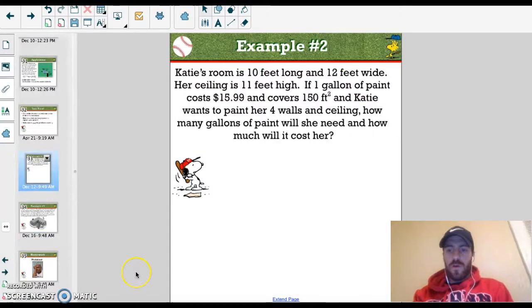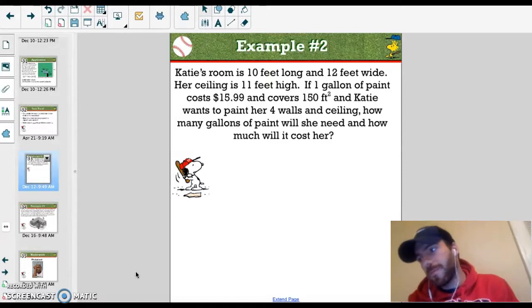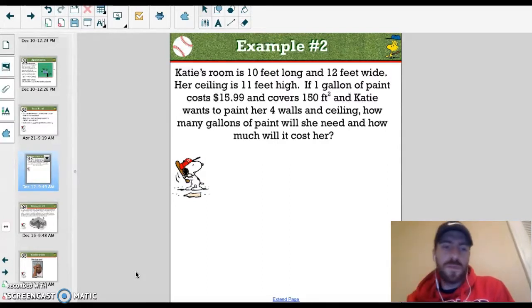Alright, so you should have taken some time to try the paint problem and the state park problem with the sealant of the deck. So when it comes to Katie's room, you need to paint 4 walls and you need to paint the ceiling. So you should have figured out the area of 2 walls on the square, the 2 other walls on the square, and the area of the ceiling.